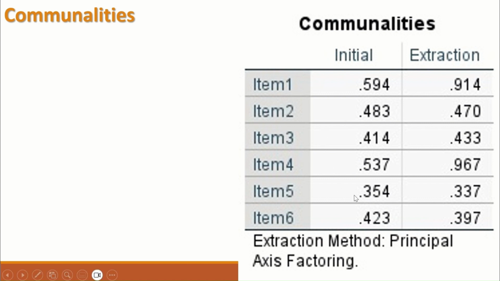Communality has been calculated at the initial and after extraction for items 1 to 6. For item 1, the communality is very high, 0.91, and for item 2 it's 0.47, item 3 is 0.43, item 4 0.96, items 5 and 6 0.3, and so on. So there is no communality less than 0.3.